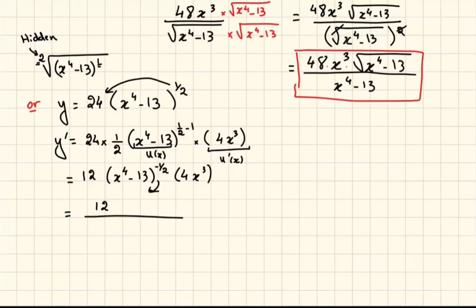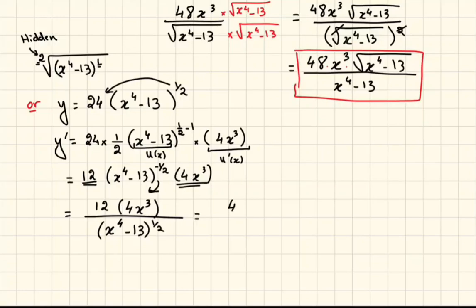So it becomes 12 multiplied by 4x cubed. The 12 is not related to the exponent negative half, and this one is not related to it. So what is inside the parentheses with exponent negative half will go down. It becomes x exponent 4 minus 13 exponent half.